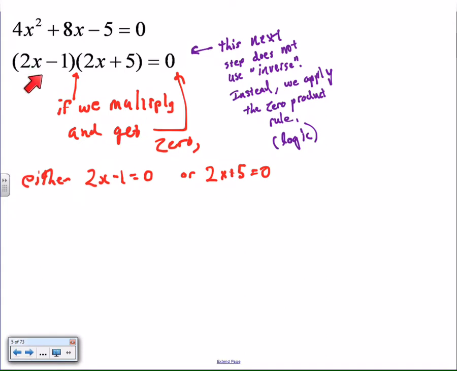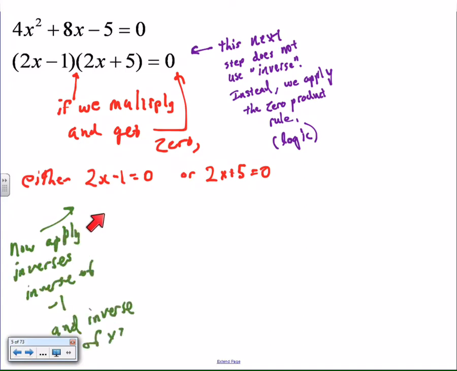So if the first one was 0, 2x minus 1 was equal to 0, then that would lead x, by applying inverses again, that would lead x to be 1/2. And in the second situation, if I apply inverses, I'm going to get x to be negative 2.5.